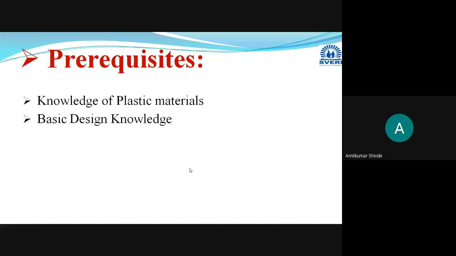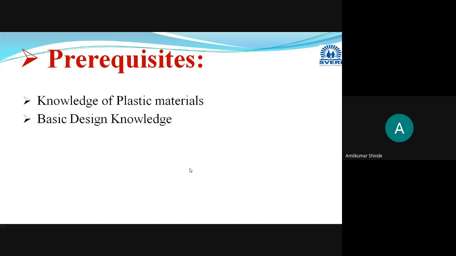Now what are the prerequisites for proper designing, or for better understanding of the design of plastic parts? First, knowledge related to plastic material is required: basic knowledge of the types of plastics, the classification of plastic materials and their properties.